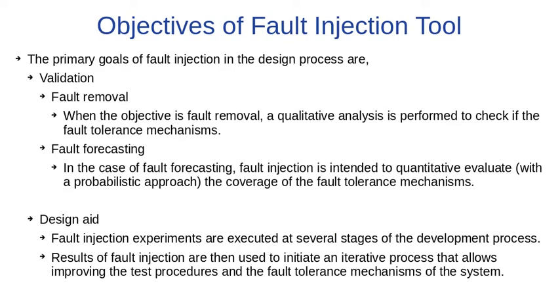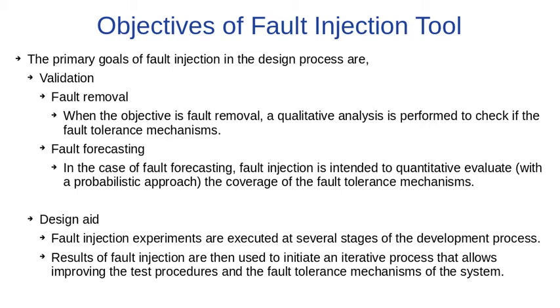Now the objectives of a fault injection tool. The primary goals of fault injection in the design process are divided into two categories: validation and design aid. Validation is further divided into fault removal and fault forecasting.